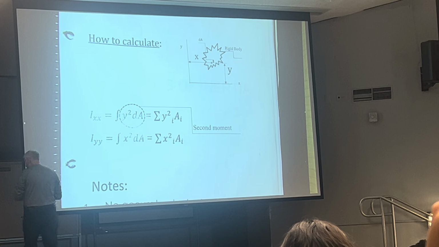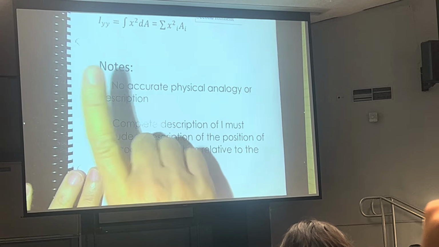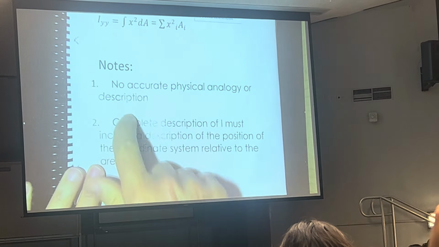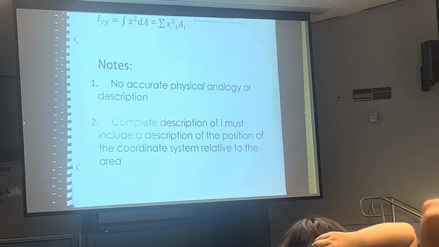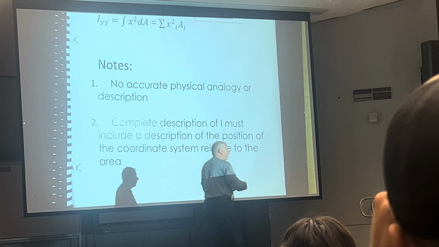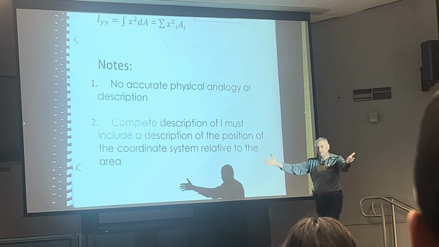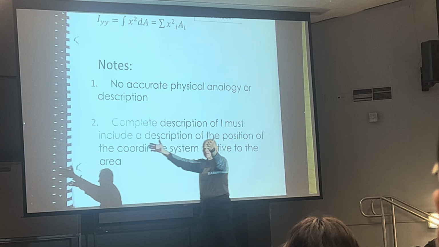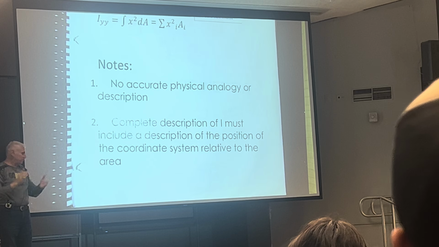All right? A couple of notes to keep in mind. Number one, no accurate physical analogy or description for I. We made this up. Why? Because we're deriving structural equations and kept getting this integral, integral y squared dA, x squared dA. And we're like, what is that? Well, we gave it a value. We said it was I, and it measures stiffness.